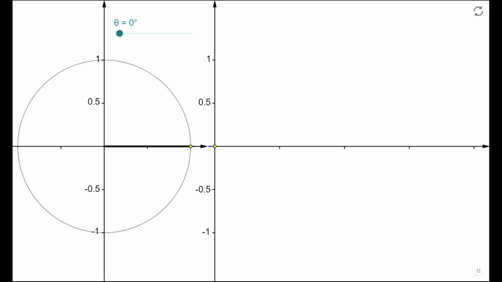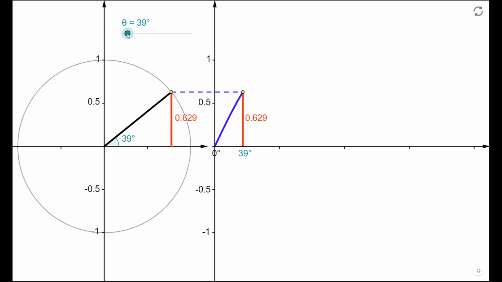We're going to be thinking about the radius of this circle, and watching to see how this radius will move as it goes around the circle. As it goes around the circle, you see that red line.